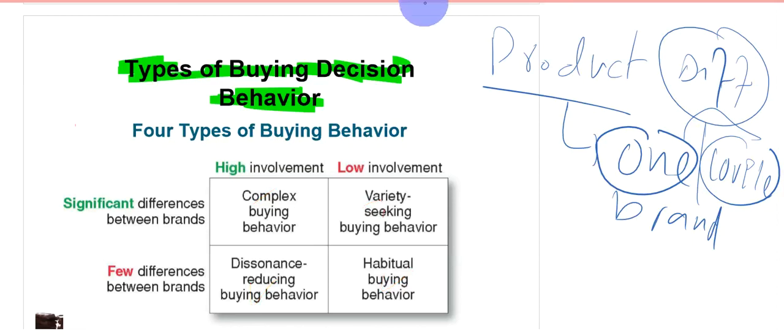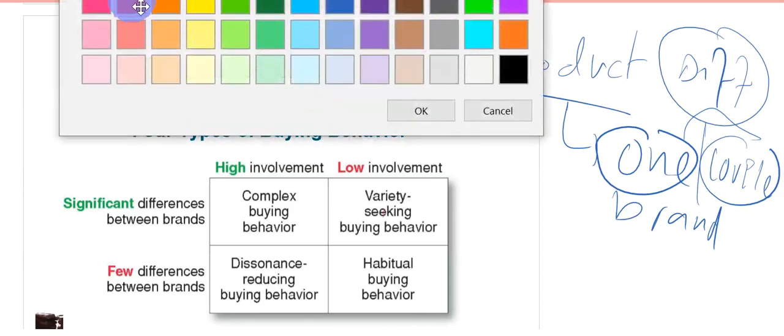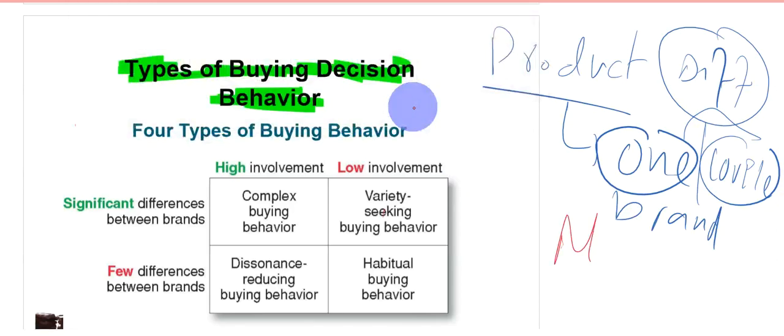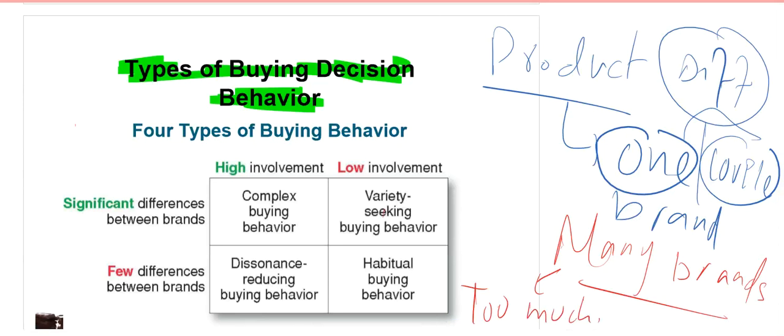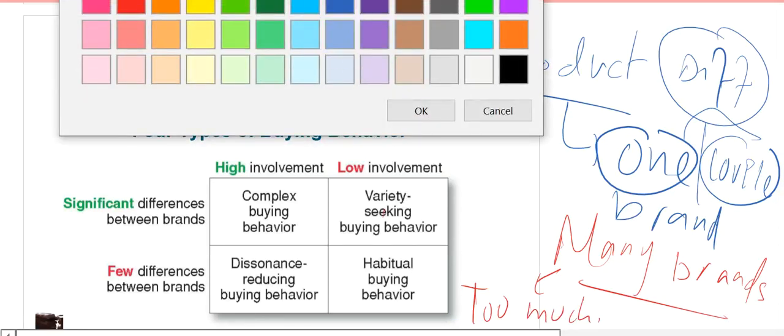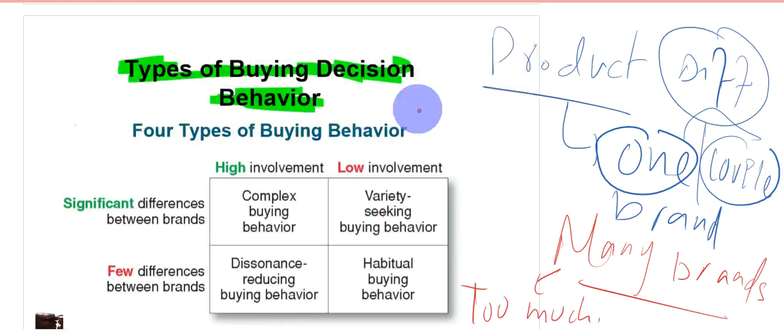On the other hand, sometimes when consumers go to the market, they see that there are many brands available in the market, and if we want to purchase any product, we will see too much difference amongst the brands and their prices and their attributes, and consumers will have to think to purchase a certain product.